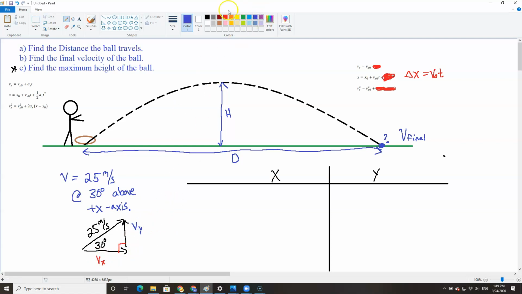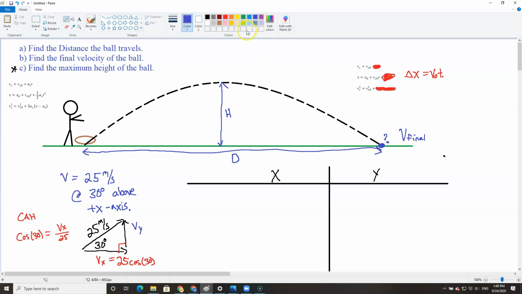For this one example, and this one example only, I will show you the details of SOHCAHTOA. So 25 is the hypotenuse and Vx is the adjacent side. So you're using CAH. Cosine of theta is adjacent over hypotenuse. So that's cosine of 30 degrees equals Vx over 25. Or in general, what I'll be saying in the future would just be 25 cosine 30.